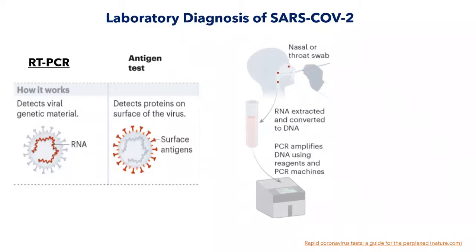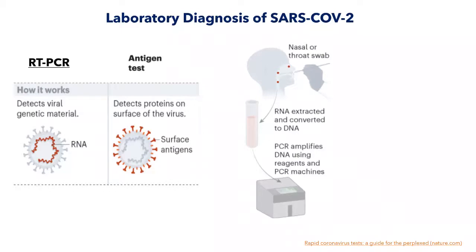In the case of PCR, the sample is sent to a lab where RNA is extracted and converted to DNA. PCR amplifies DNA using reagent and PCR machines where it is heated and cooled and then makes millions of copies of the DNA, which allows for the identification of the organism.